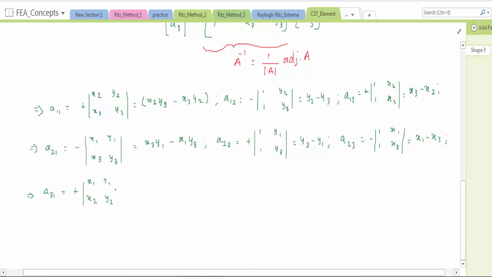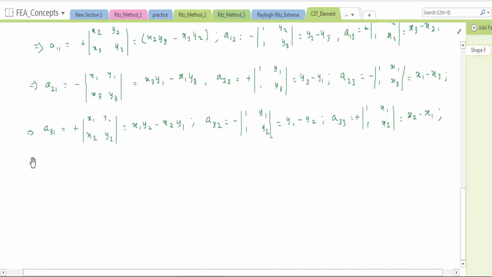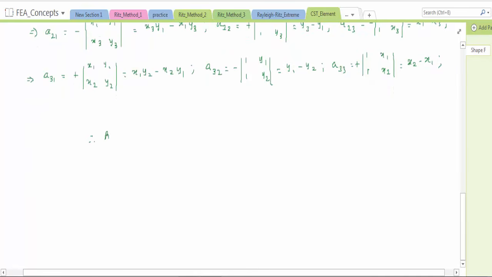Likewise A31, A32 and A33. So now we have found the elements A11, A12, A13, A21, A22, A23, A31, A32 and A33. Assemble all these in matrix form.